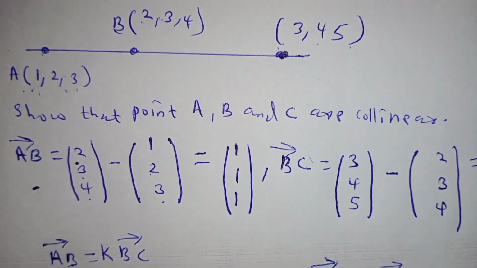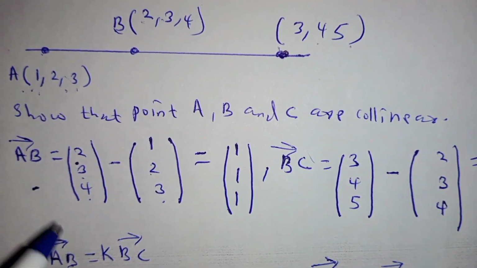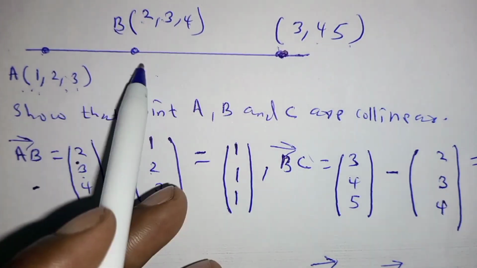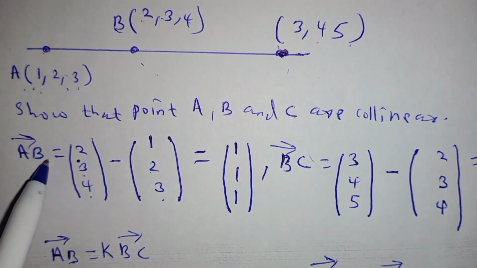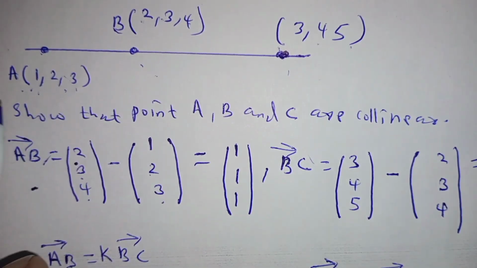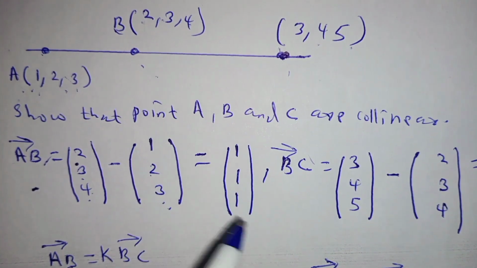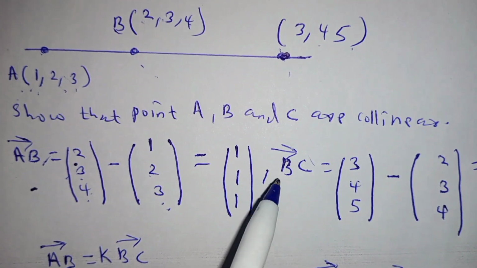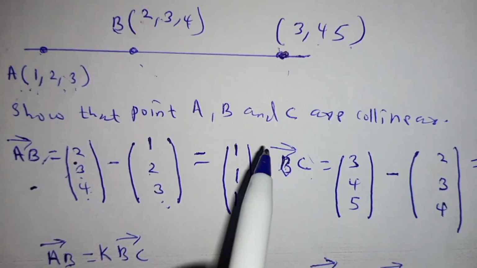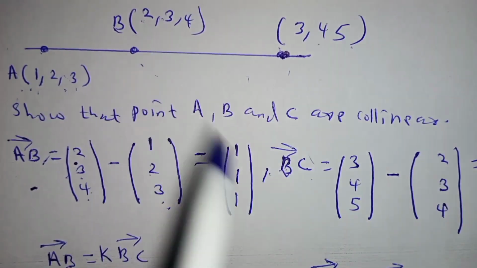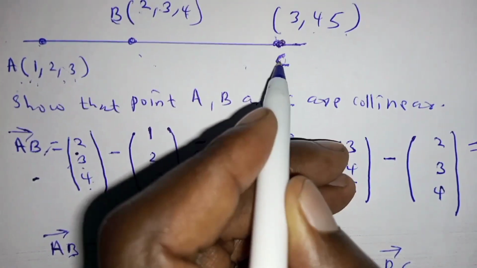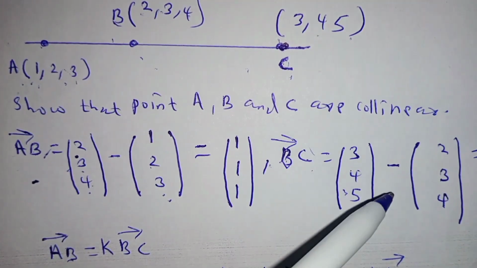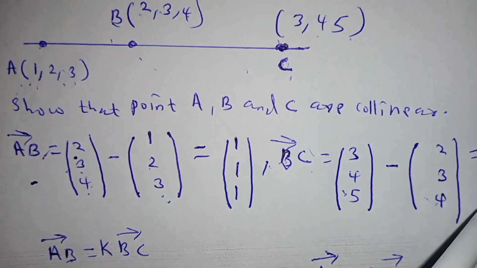So there are 3 stages involved. First of all, when you are given 3 points A, B, and C, you get vector AB, which is found by B minus A, as shown here. Then, once you get vector AB, you also get vector BC, which is found by C minus B. You subtract the components of B from those of C to obtain your result there.